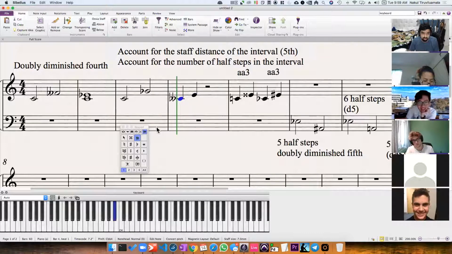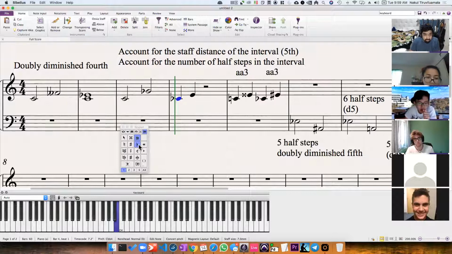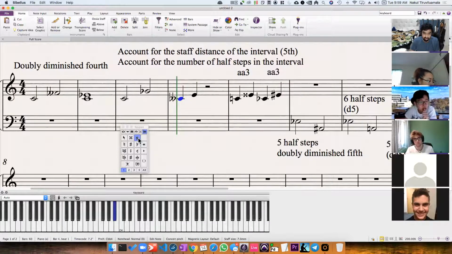You're asking about augmentation. So if you start with C and then you flat it, you would get an augmented third, and then if you did a double flat, you would get a doubly augmented third.